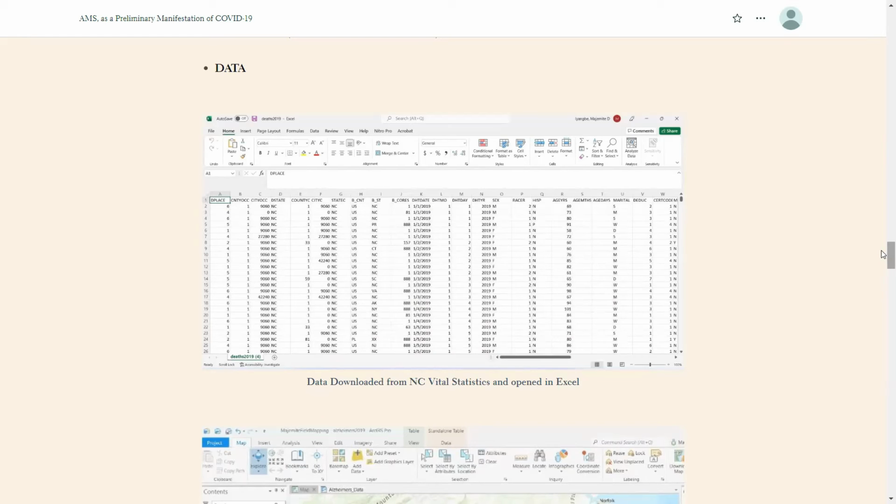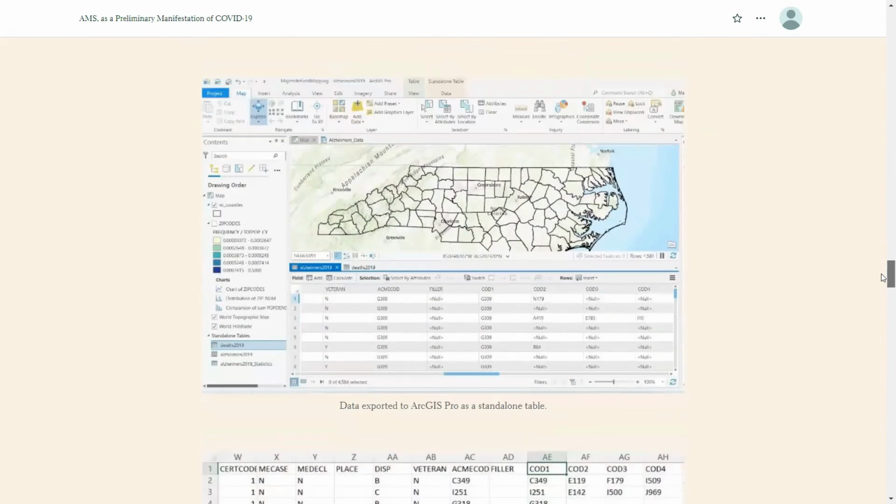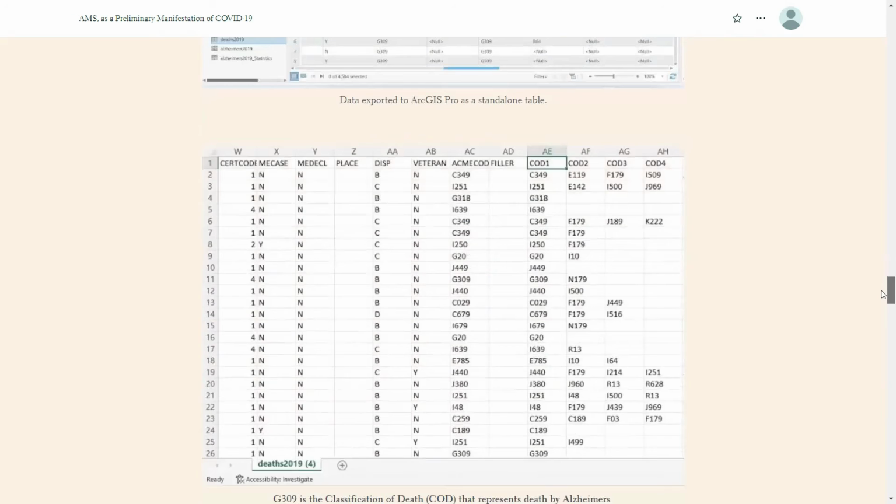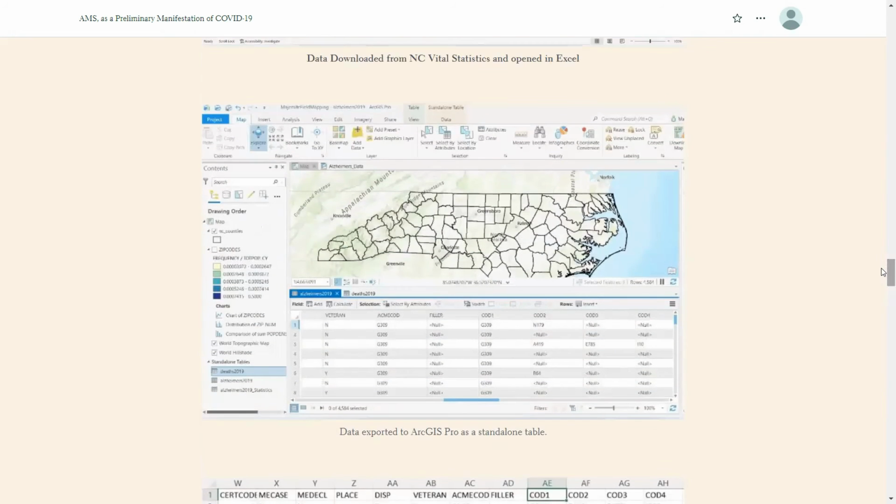But then they had a classification of deaths. This classification of death segregated one type of death from another. And for Alzheimer's, the classification of death, the COD, was G309, indicating that these people died of Alzheimer's disease.